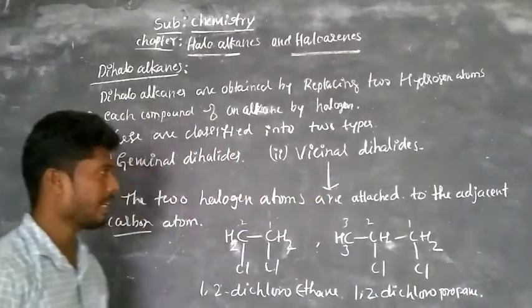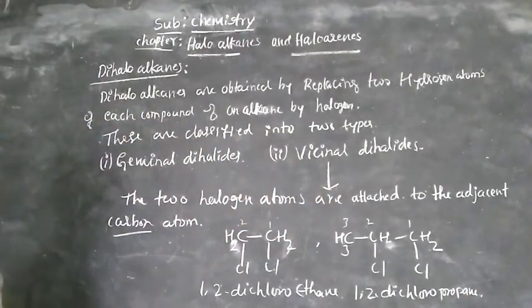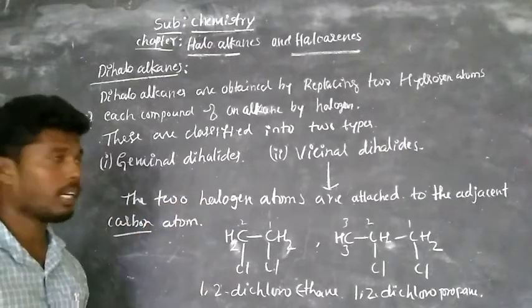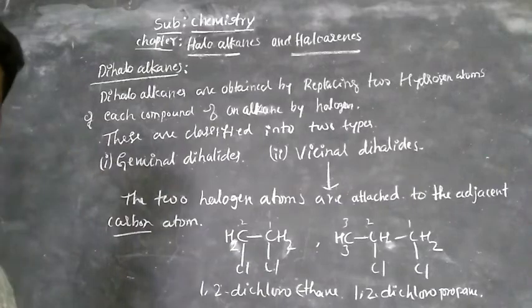Okay, this is the classification of dihaloalkanes, with definitions and examples. Now take trihaloalkanes.